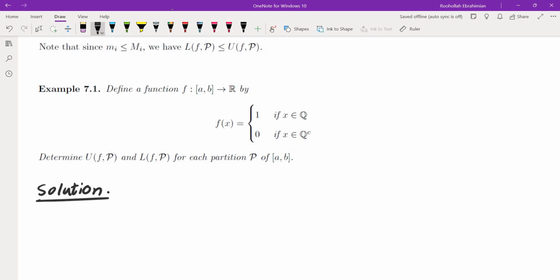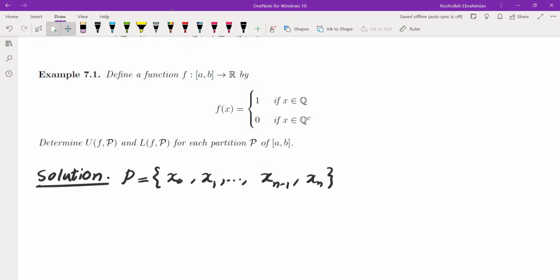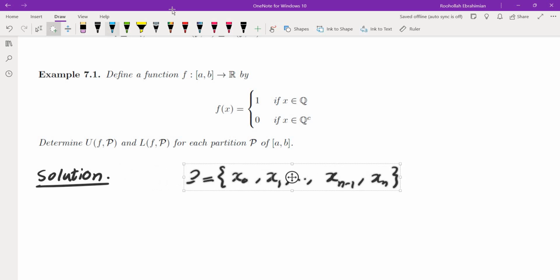Determine the upper sum and lower sum of f for each partition. So let's say that P, the partition, is x0, x1 all the way to xn.